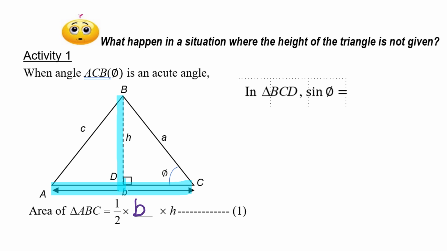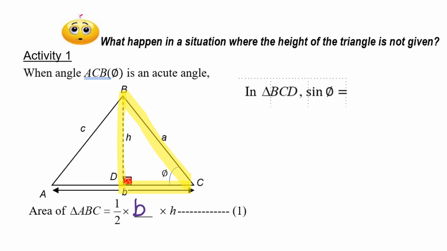Right, so how do we go about doing it? Let's look at triangle BCD. Let's focus on triangle BCD. Triangle BCD is actually a right angle triangle, as indicated here. And if triangle BDC is a right angle triangle, we can just use the concepts of SOH CAH TOA to find the ratio for sine phi.